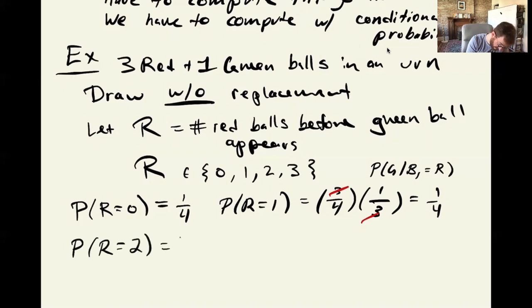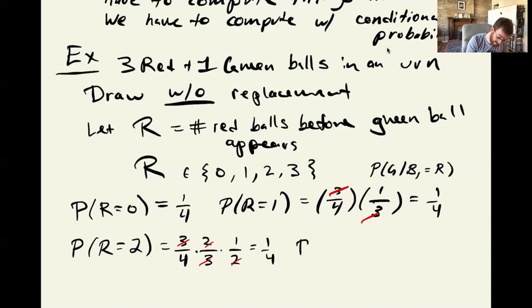Well, we need a red ball, another red ball, but now there's only 2 out of 3 red balls, and then a green ball. And there's only 2 balls left on that third draw. One of them is green. And again, you do the cancellation, you end up getting 1/4.